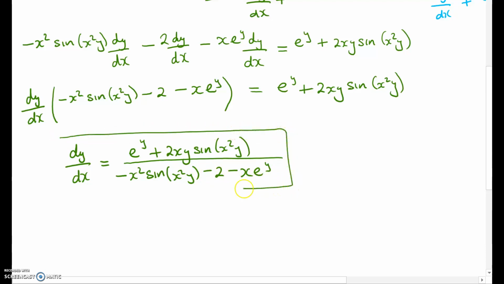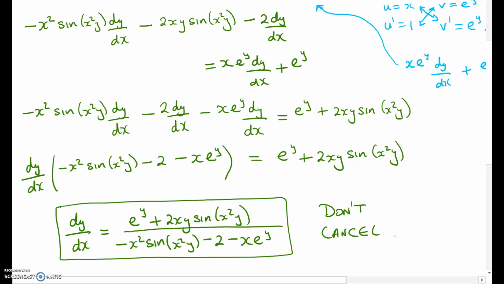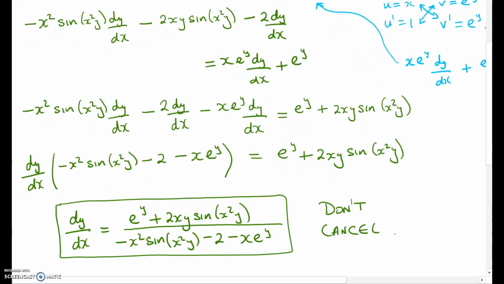And please, whatever you do, please promise me you won't cancel. Okay? Don't cancel. It takes a long time, and it takes a lot of care and precision and accuracy. But if you are willing to buy into all of those things, then this is a problem you should be able to do. Okay, thank you.